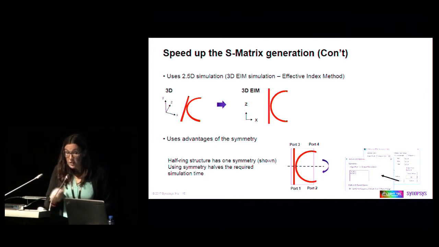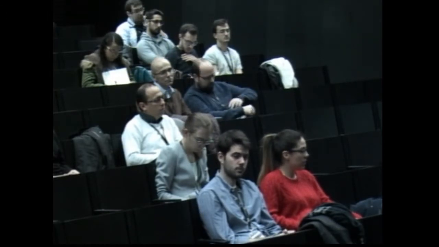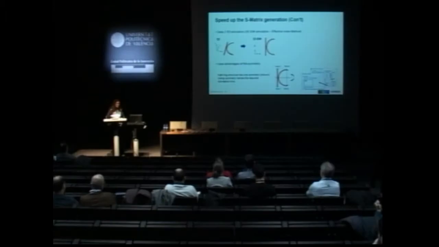It's quite accurate for a lot of designs, especially for rib waveguides and so on, and it's really more efficient in computation time. We are talking about 100 times faster than a full 3D simulation. So it could also be an advantage for a designer to work with this methodology to simulate propagation of light inside a component.